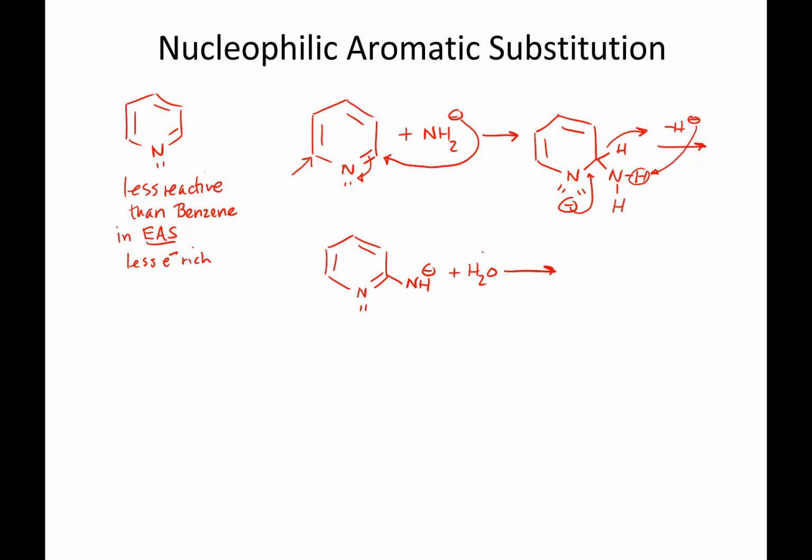So when we add H2O at the end of this reaction, the NH- will deprotonate the water to form NH2 and a hydroxide. So this is kind of a direct substitution on something like a pyridine ring. And again, the position where the nucleophile is going to add is next to the nitrogen, or in an ortho position to the nitrogen. Okay, so that's one example of nucleophilic aromatic substitution.